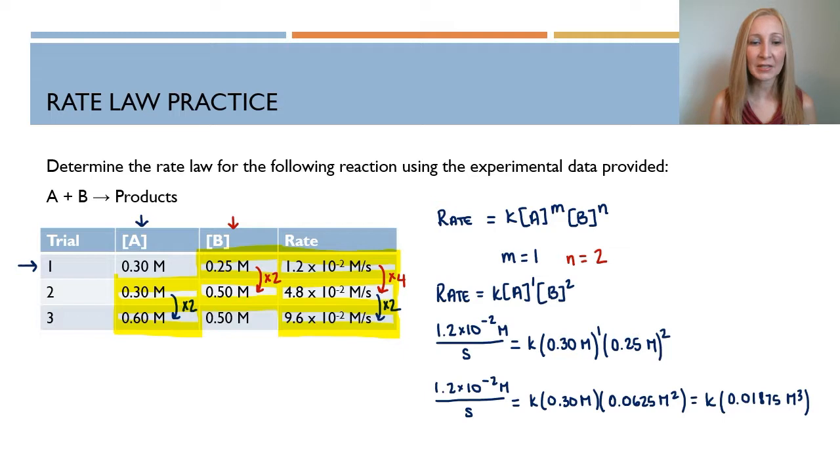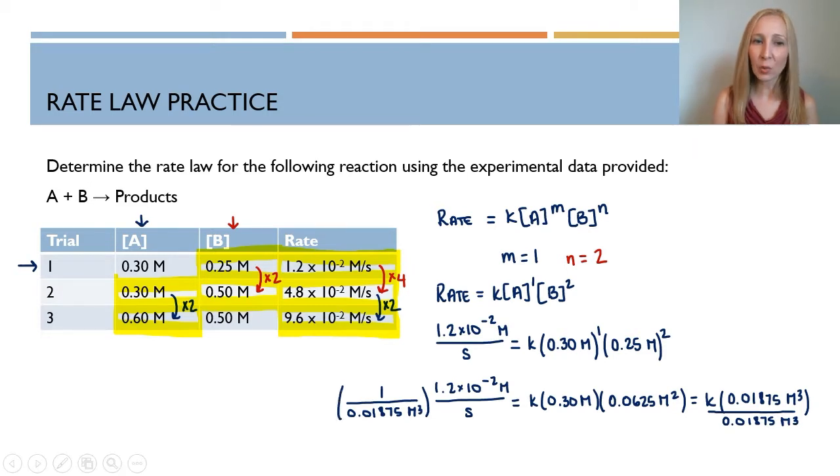So divide both sides by the same number so I can get K all by itself, essentially. Or I can multiply it by 1 over 0.01875 M cubed. And you'll see here that the M on top cancels out, and then M squared is going to remain.